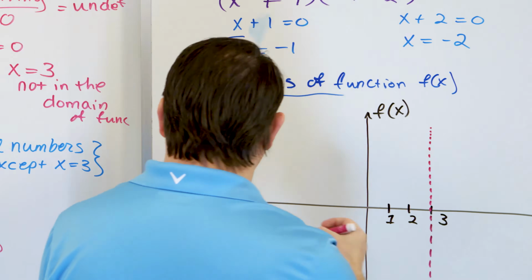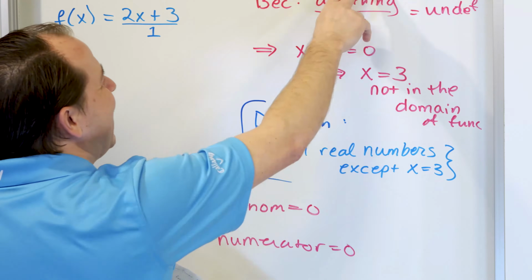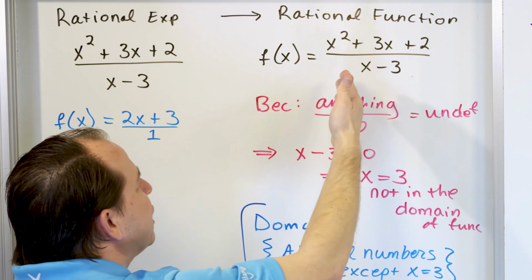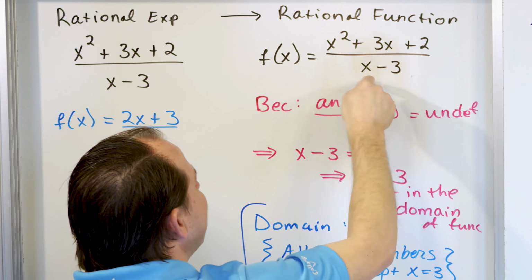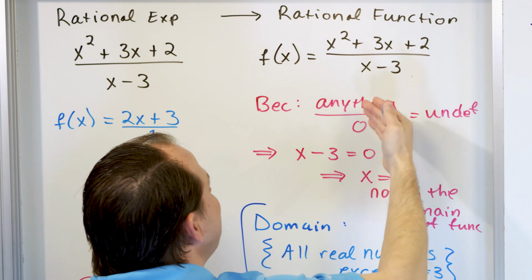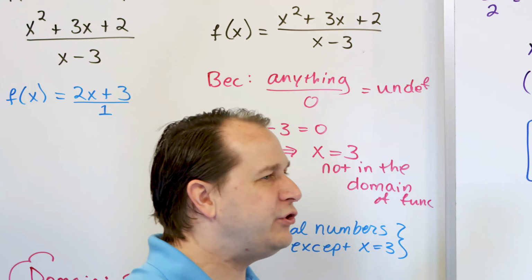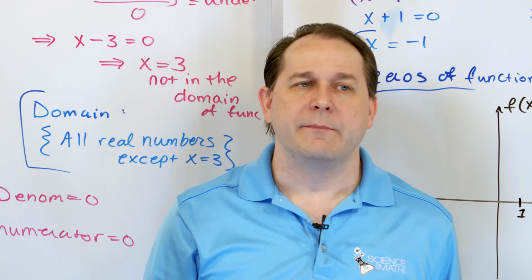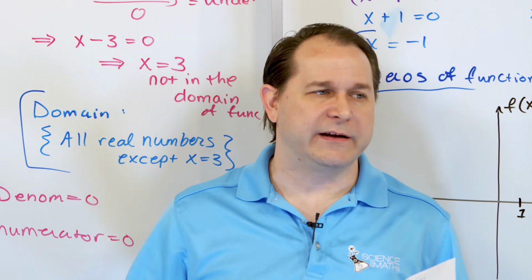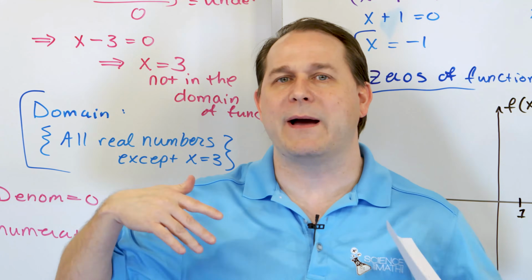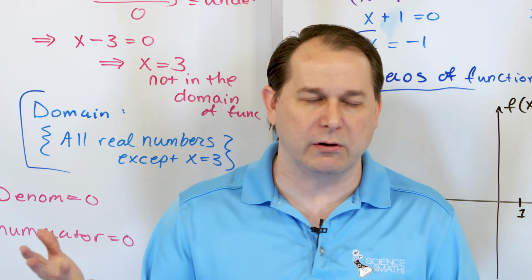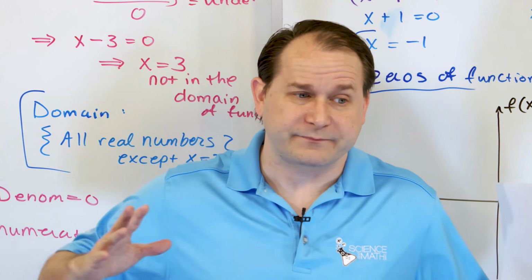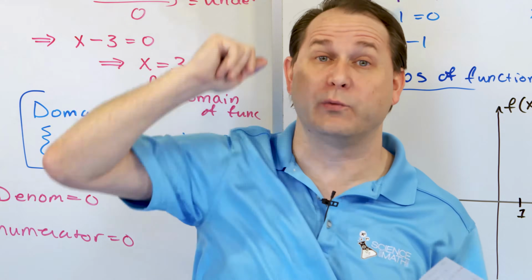Because what did I say before? When x goes to 3 here, the whole denominator goes to 0, and as you get closer and closer to 0 on either direction, it drives the entire fraction larger and larger. We all know how to divide by 1, but when we divide by 0.5, and then again 0.1, 0.001, 0.00001, and so on, as we divide by smaller and smaller numbers, the fraction gets really, really big.